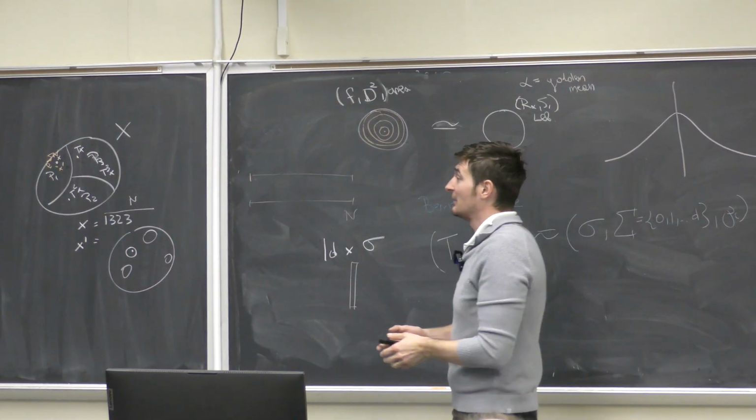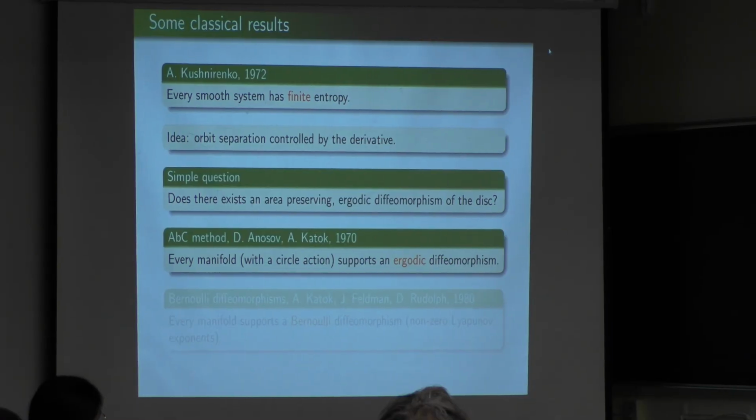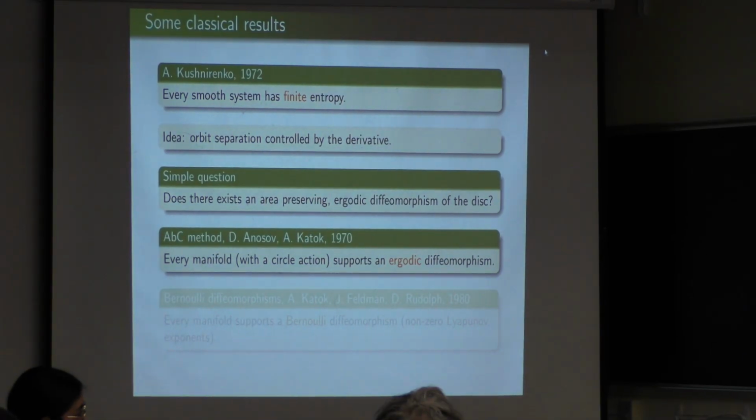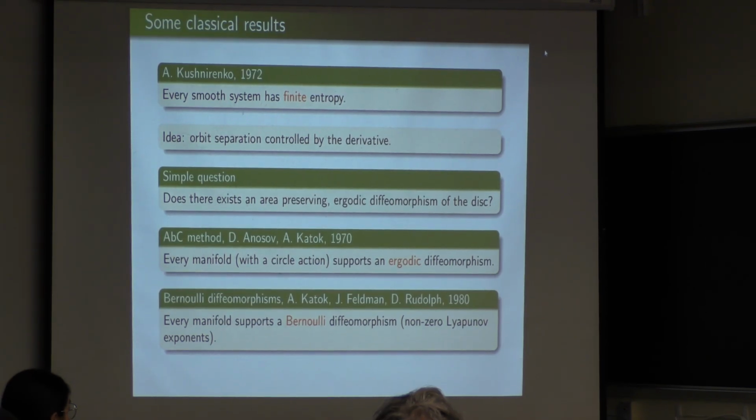But then Anosov and Katok came up with the construction of an ergodic diffeomorphism of the disk. It's what's called the ABC method now. And ten years later, a different construction by Katok, Feldman, and Rudolph showed that you can do Bernoulli. So every manifold supports a Bernoulli system. Here manifold means compact manifold, possibly with boundary.